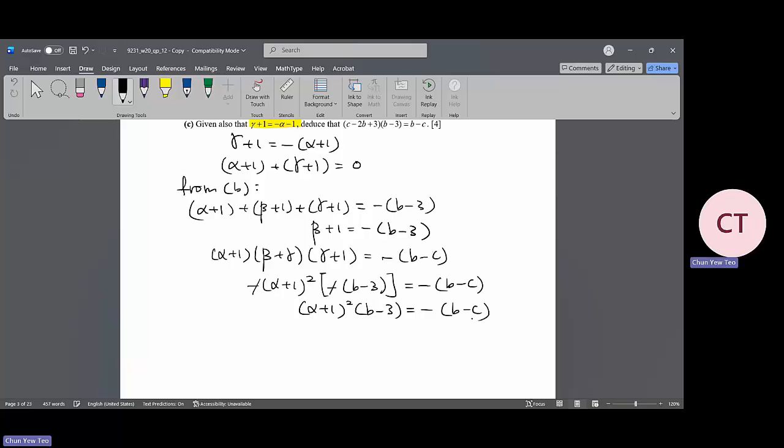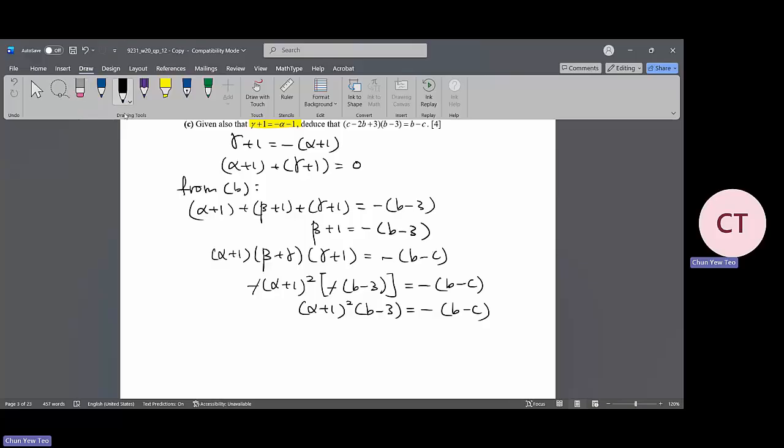You will have negative (alpha plus 1) squared times (a minus 3) equal to the negative of (a minus c). Over here we still haven't completed yet, because we still need to settle alpha plus 1 in terms of a and c. We have found the sum of roots and the product of the three roots.